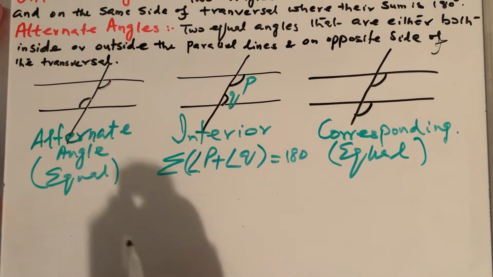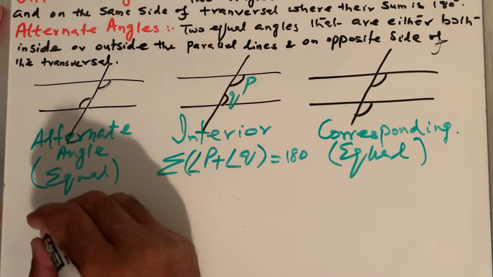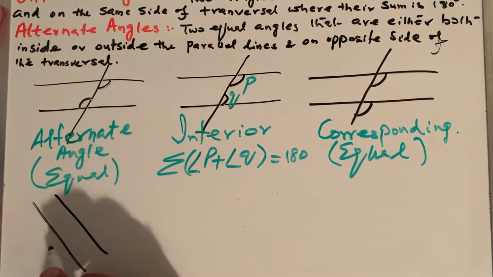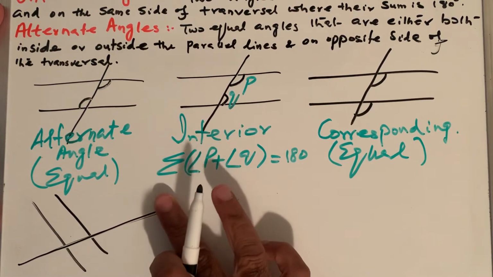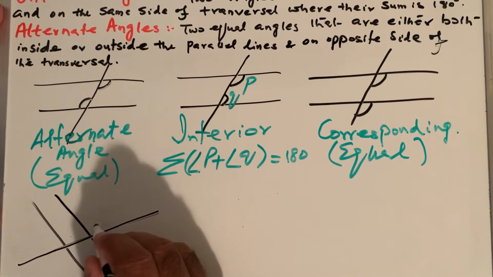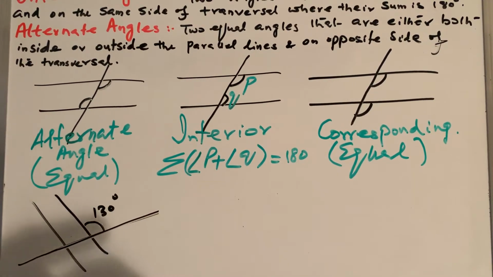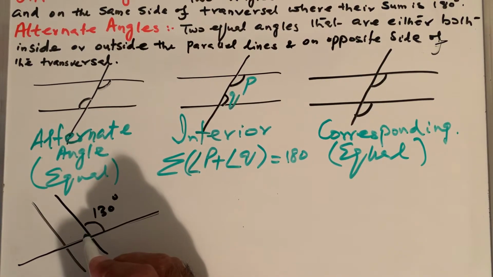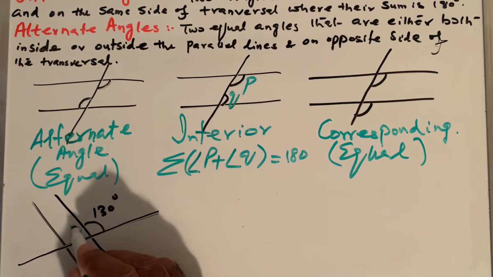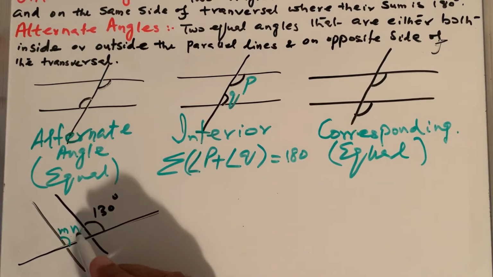One question is like this: if my parallel lines are like this and my transversal line is like this, the only given angle is 130, and the question says find the other two angles, M and N, which are unknown.